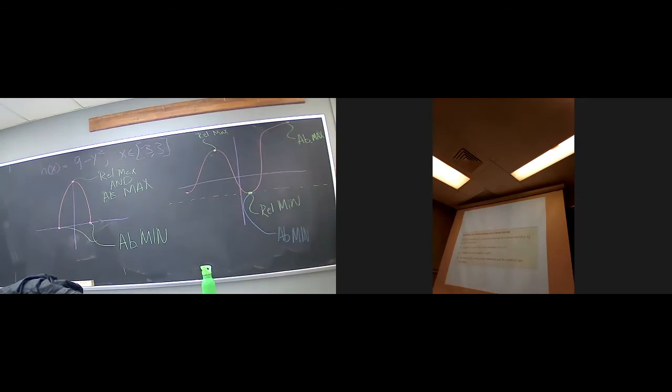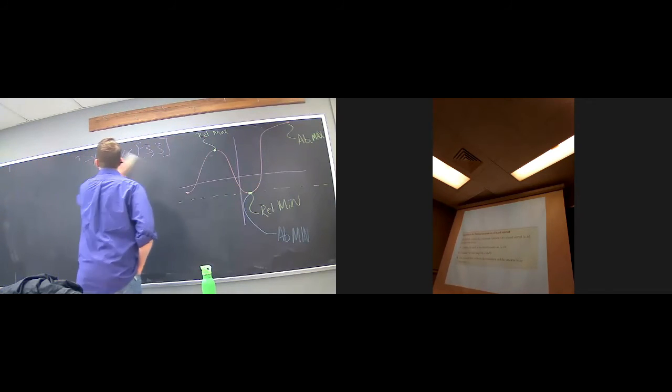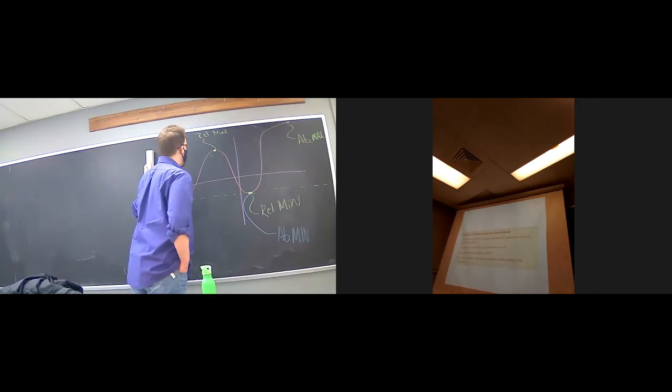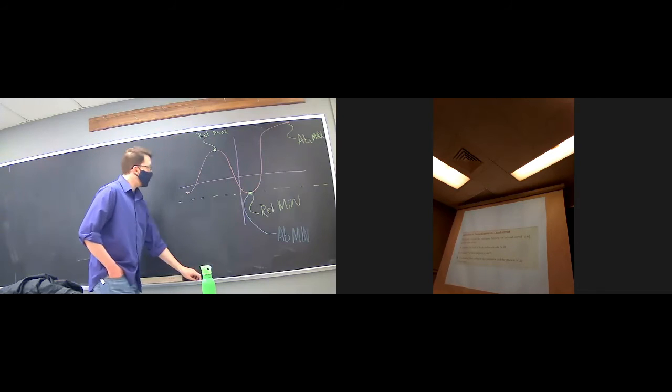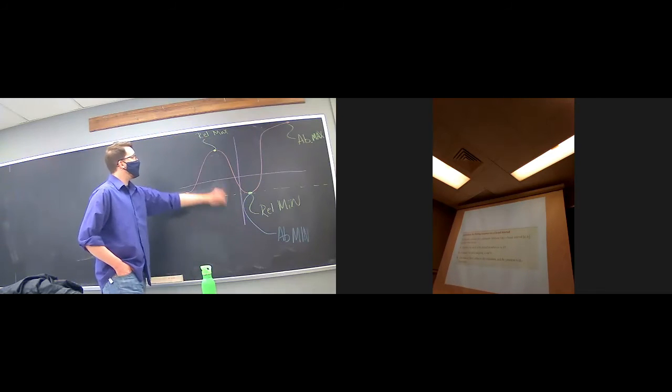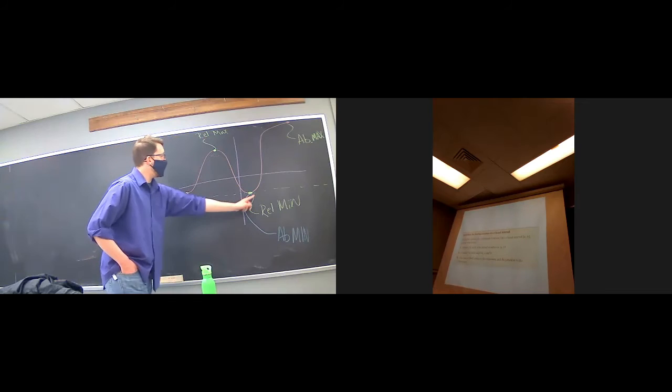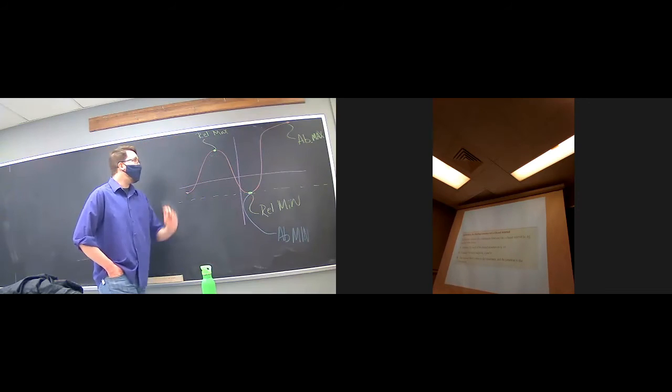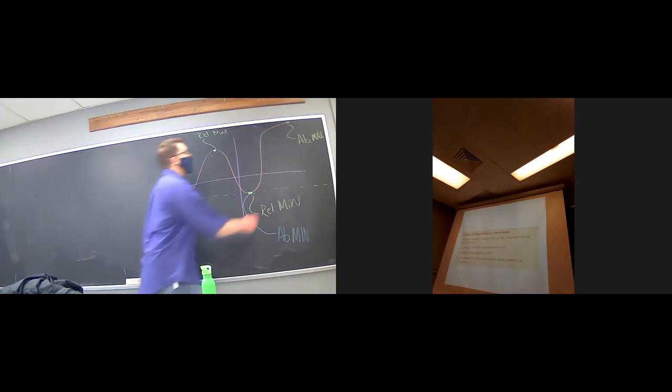Having said that, how do we check for these things? Well, we're going to use the derivative test for max and mins again, but we're also going to include checking our endpoints. So we're going to look for relative maxes and relative mins, but we're also going to compare those against our extreme points, our endpoints.